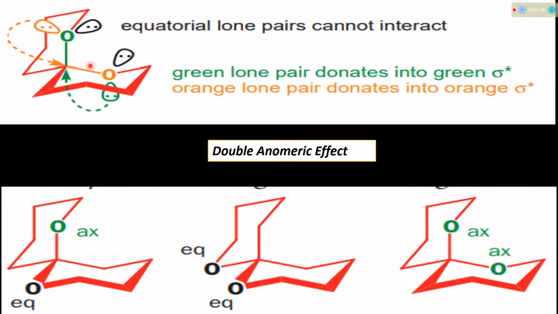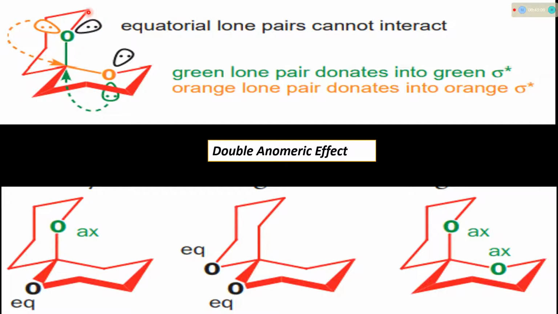Now just consider this cyclohexane chair form. This oxygen atom is in the ring. Now exclude this red part and just consider the orange O. This is a cyclohexane chair, and see, this is the axial and this is the equatorial.